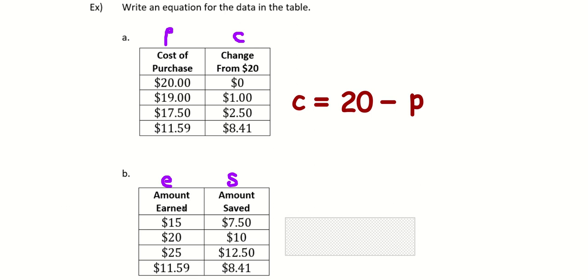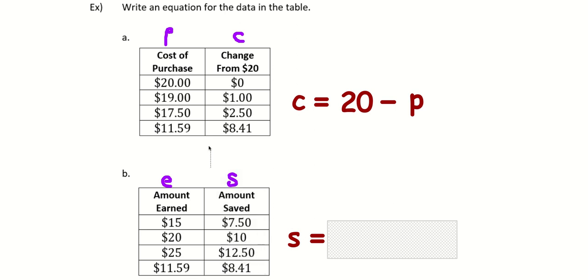All right, so amount earned and amount saved. This is an interesting relationship of variables. The amount earned and then the amount saved. Well, the bottom line is this is going to be S equals, because it's the second column.